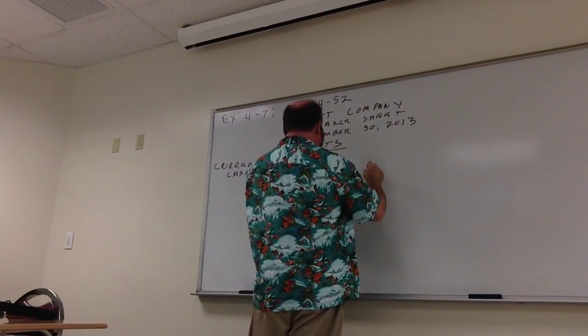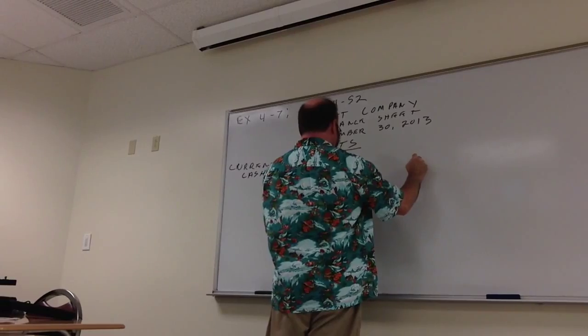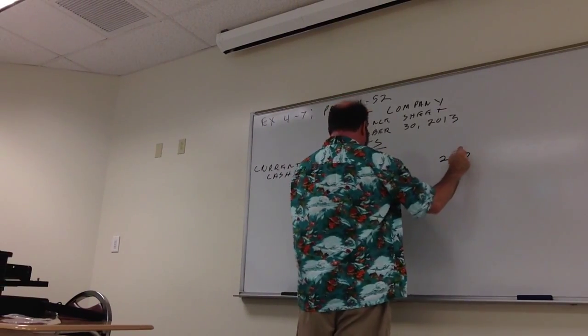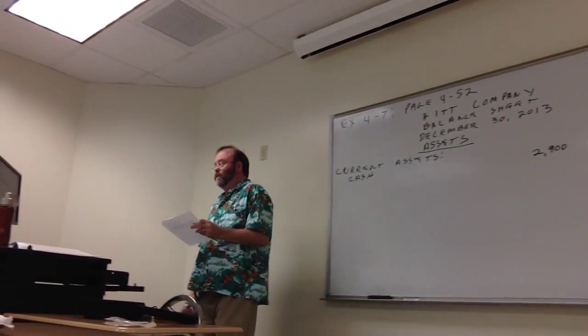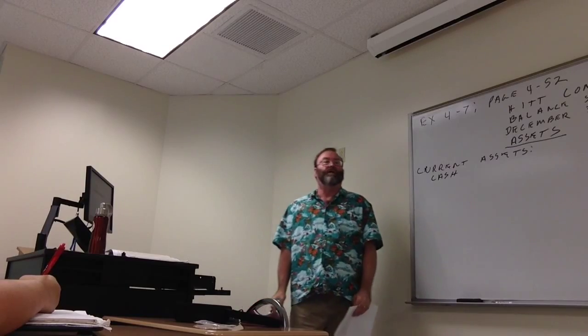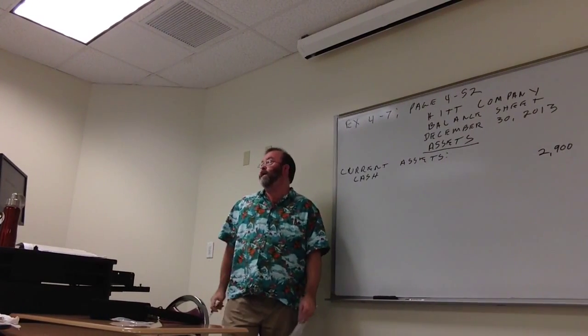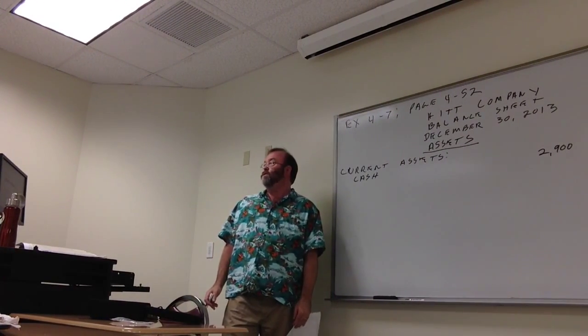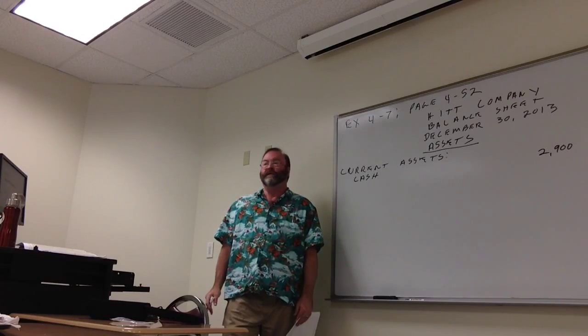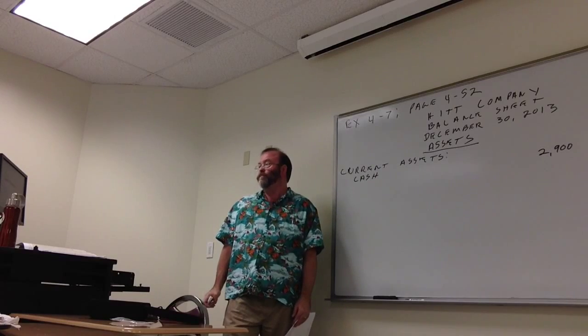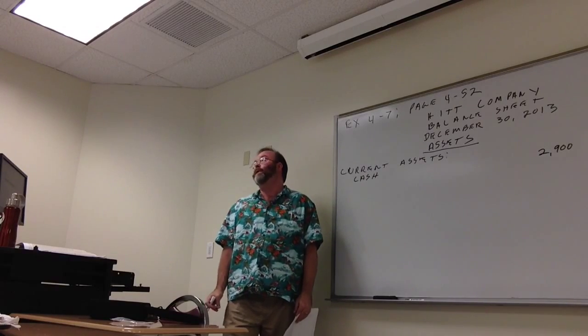And cash has a balance of $2,900. So the next on this list, of something you're going to turn into cash, that is the next most liquid asset. Anybody see it? That'd be the third.